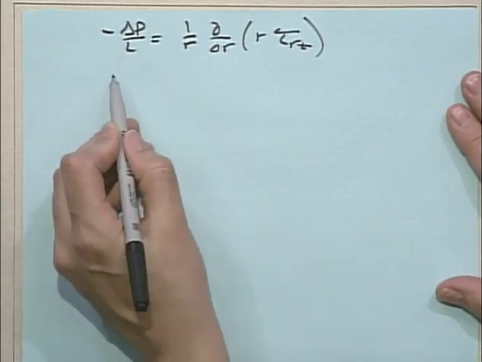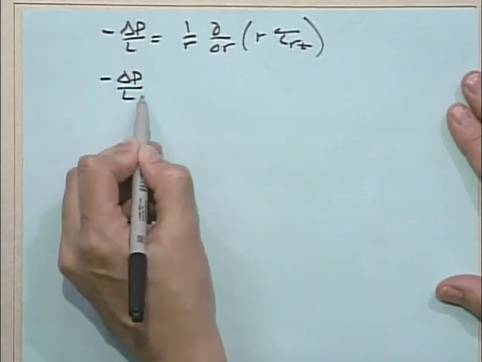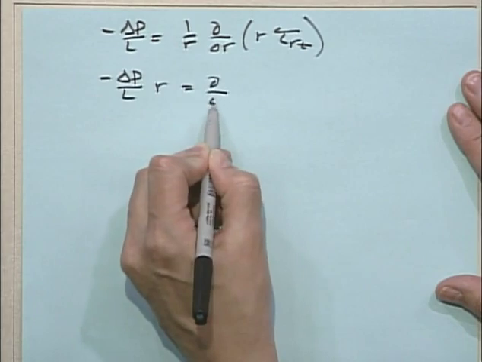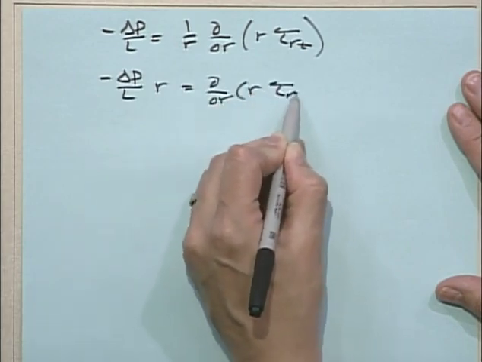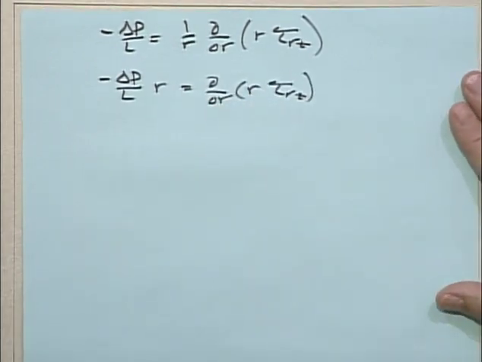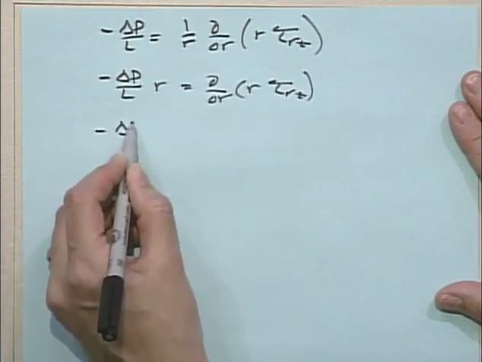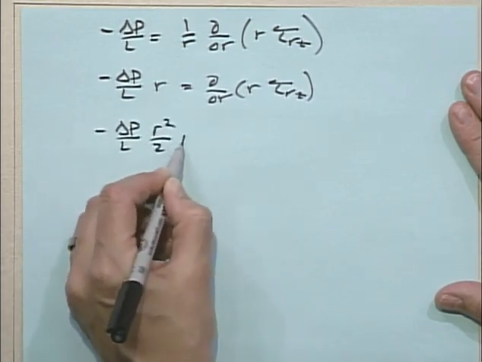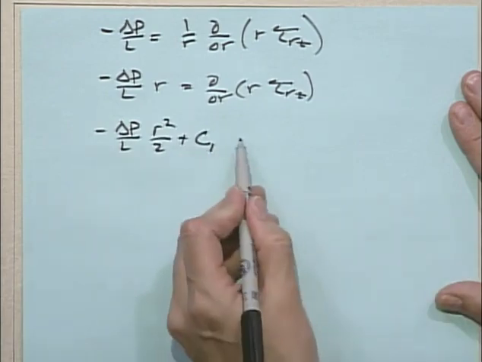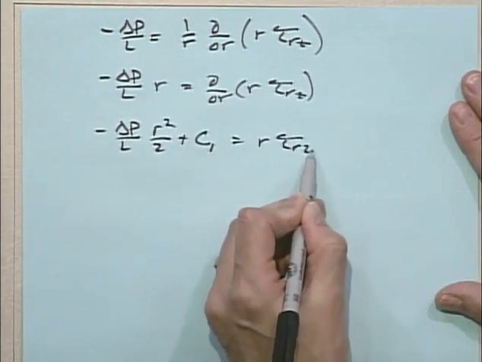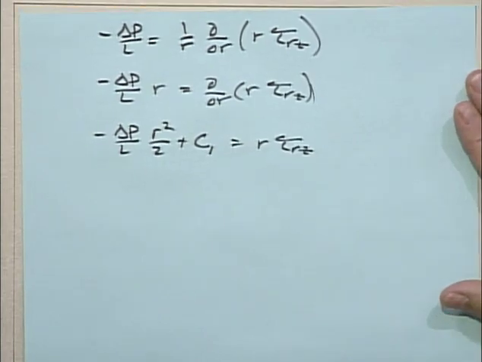So I'll multiply through by r, and then integrate once with respect to r, and I get minus delta P over L, r squared over 2 plus a constant equals r tau rz.